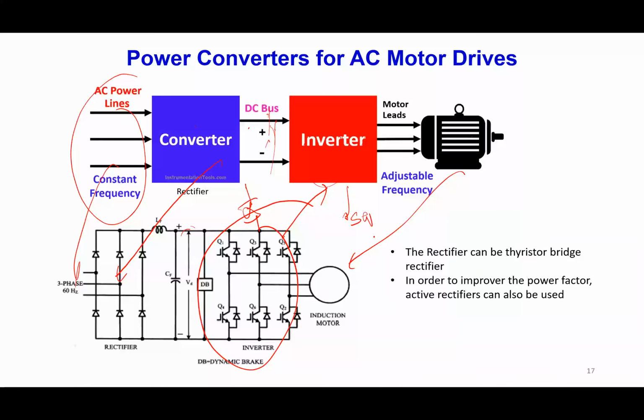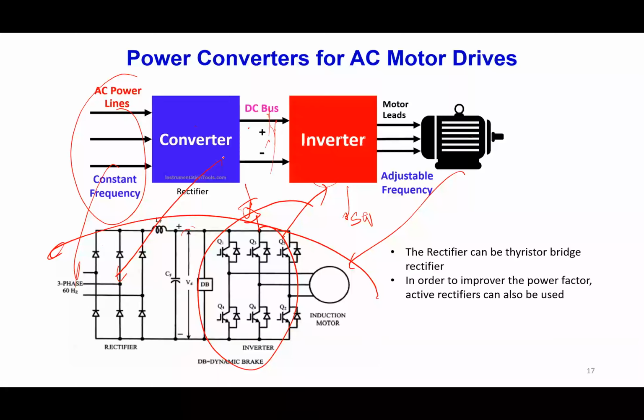So we can also use a thyristor converter, but in that case we can vary the output voltage, but it is not required if you don't want to put the power back into the AC source. So generally we use active rectifiers these days.